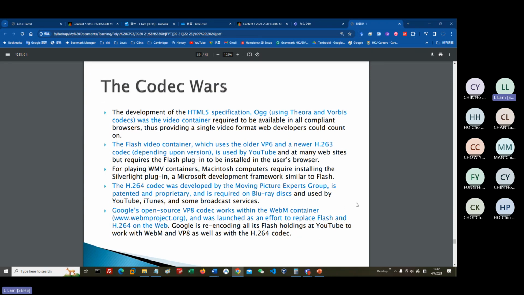Okay, so let's take a look at the last part of the notes for today. Okay, codec. So if you look around the compression technology, there are quite a lot of companies that want to become dominant in the market. For example, with HTML5, we have the Flash video container, and then we have Google, and we have the MPEG.